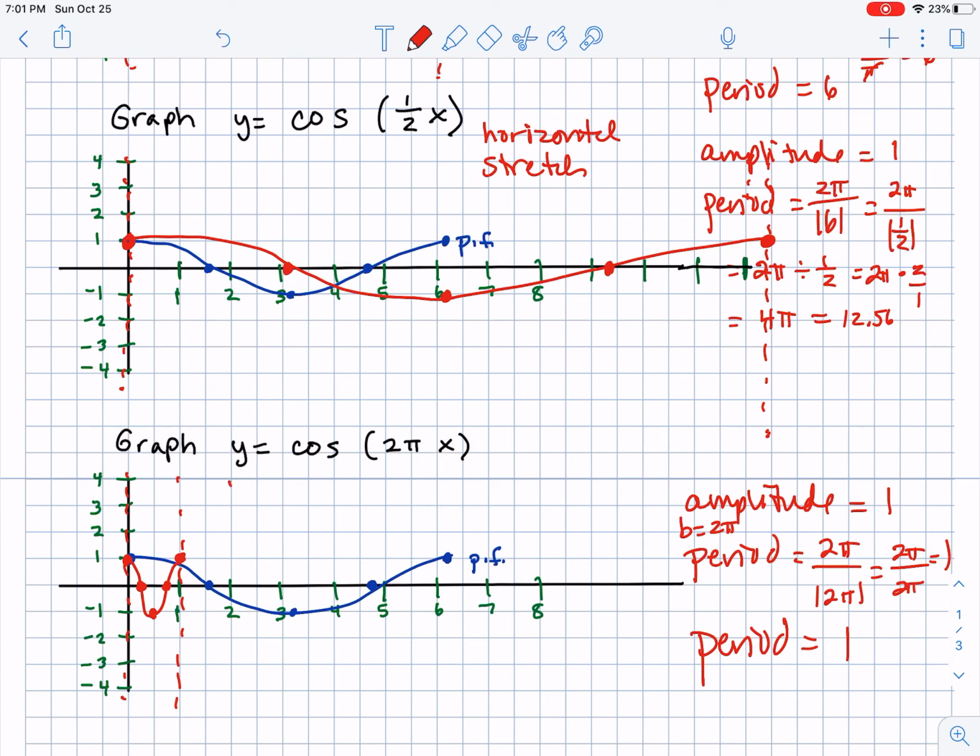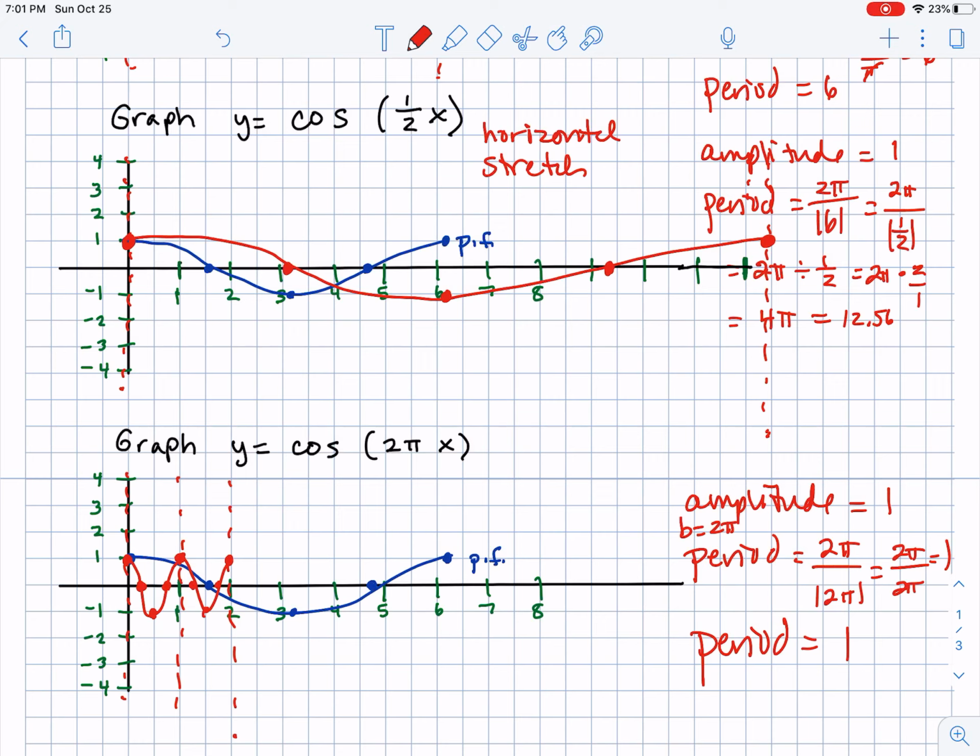Again, if I wanted to draw another one, let's practice doing that. You got your maximums, your minimums, your zeros. So a lot of times you're just doing halves of halves. Okay? All right, let's see. What would this be?